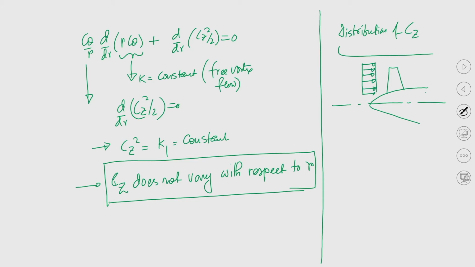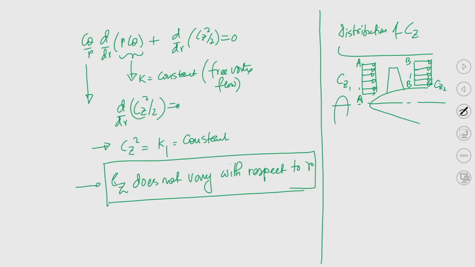If we take section A prime, this is C z 1, and if we take a section further downstream, we will find that this velocity is also not varying, because C z is not varying. So, this is section B prime and C z 2.